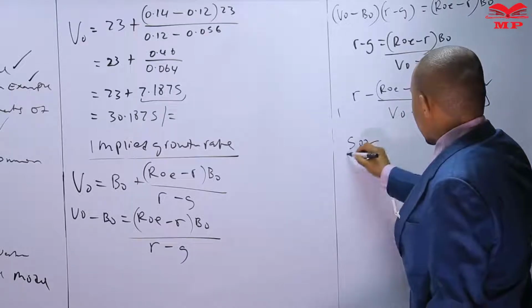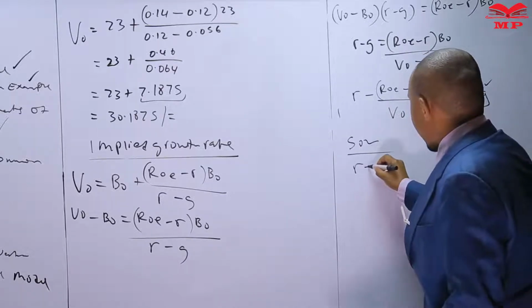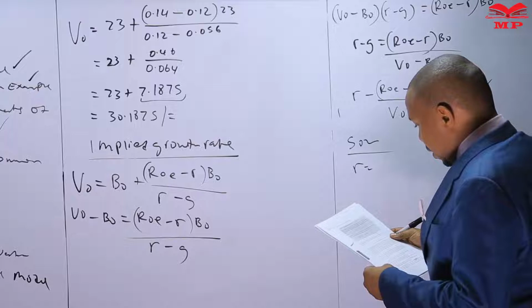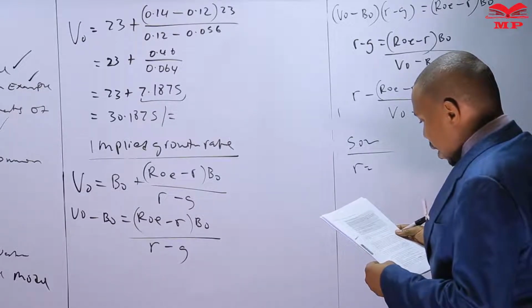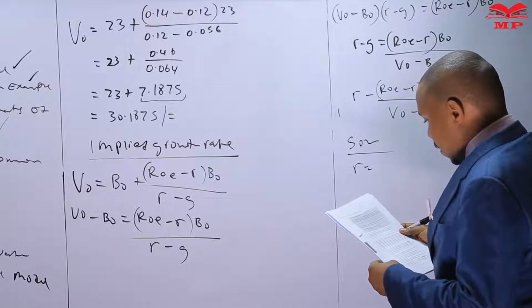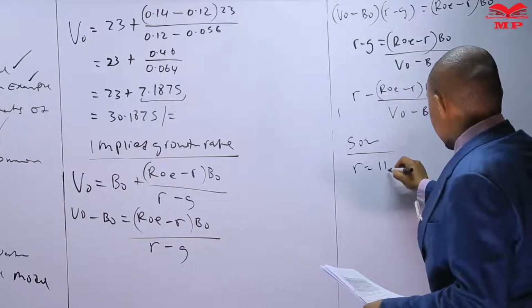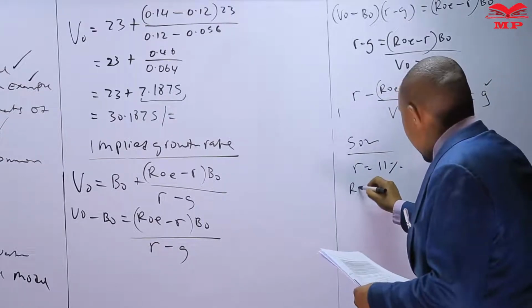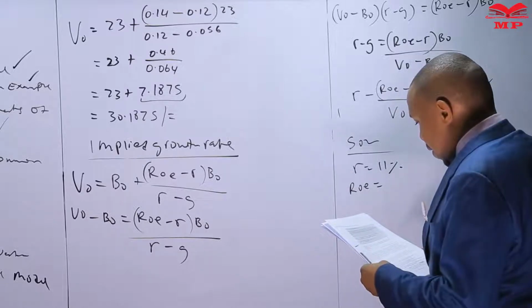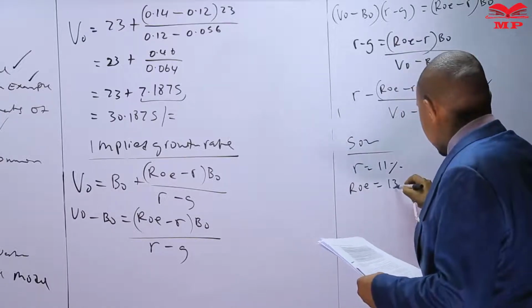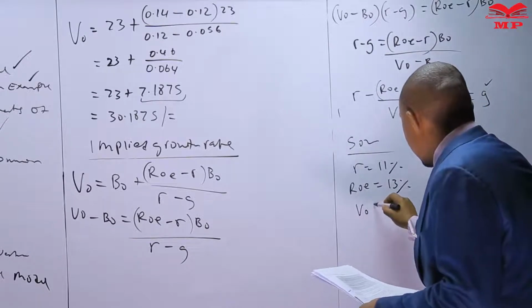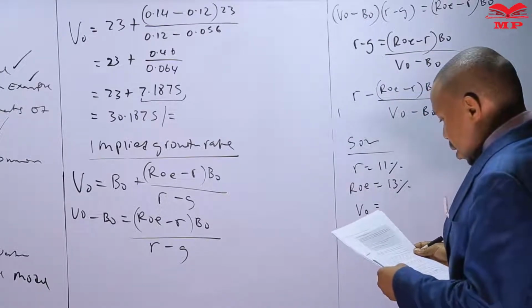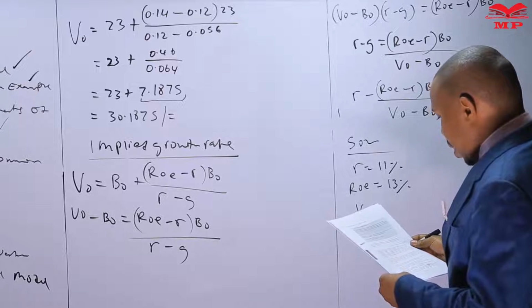So, solution. Do we have R, the required return? The cost of equity is 11%. ROE, we've also been given as 13%. Do we have the value of the share?